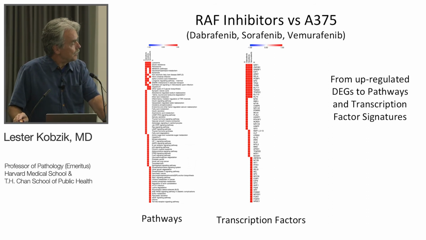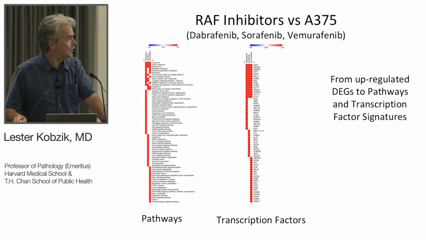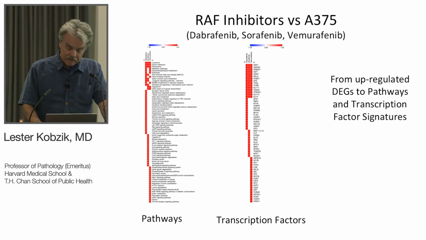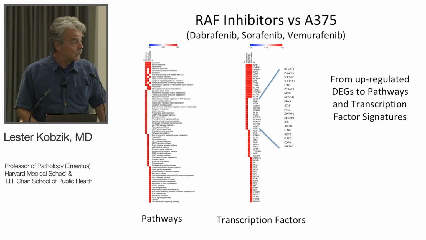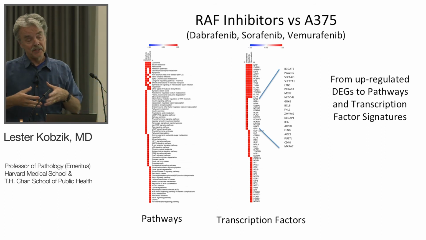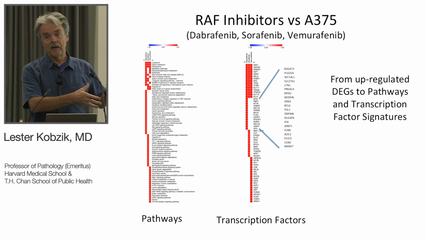You can also use this kind of data to deduce the transcription factors behind the transcriptome changes. And these drugs share a number of commonly activated transcription factors and some unique transcription factors. And the final possible utility of this kind of transcription factor analysis is that you can go backwards and say, well, what are the genes that were upregulated that led to the calling of this transcription factor set?